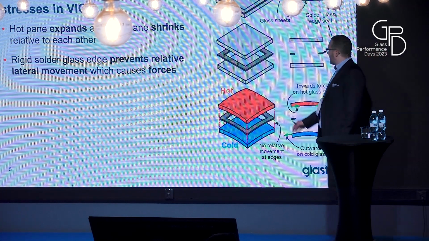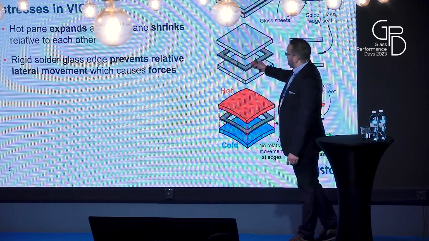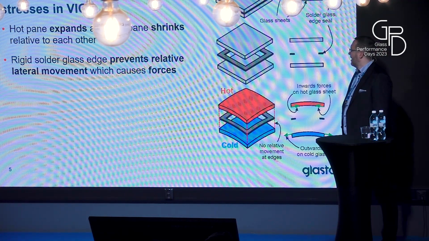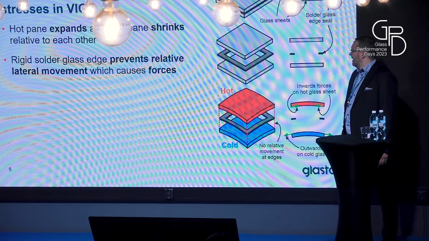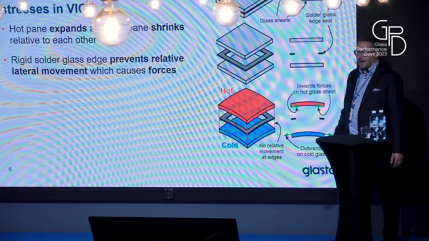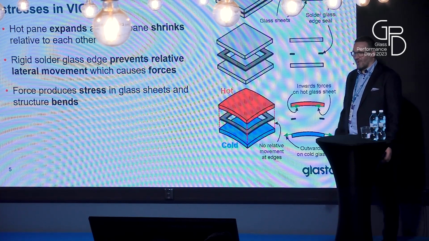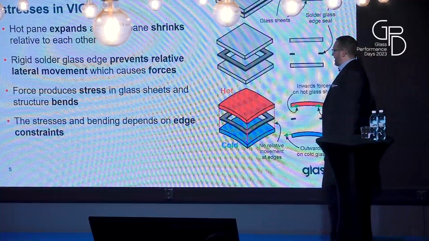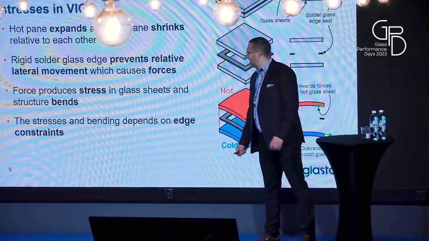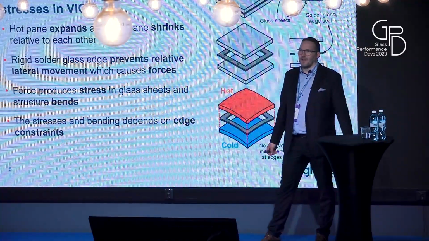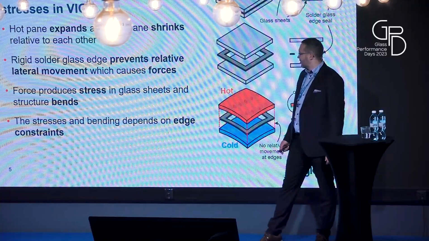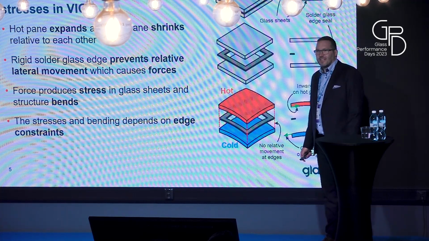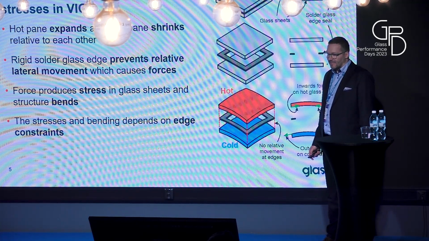However, there is the edge seal which prevents this relative movement, and that's causing forces in the pane. And forces cause stresses or bending, and the result is that there are stresses and bending, but those depend on the different edge constraints. So I'm going to show you a couple of different edge constraint cases that we have studied.